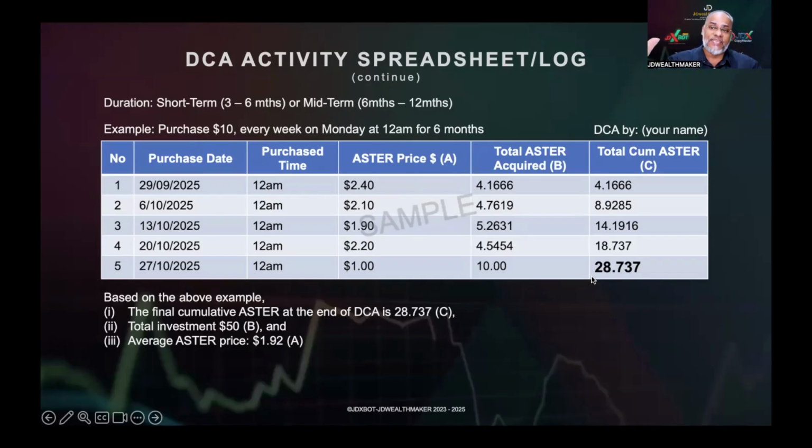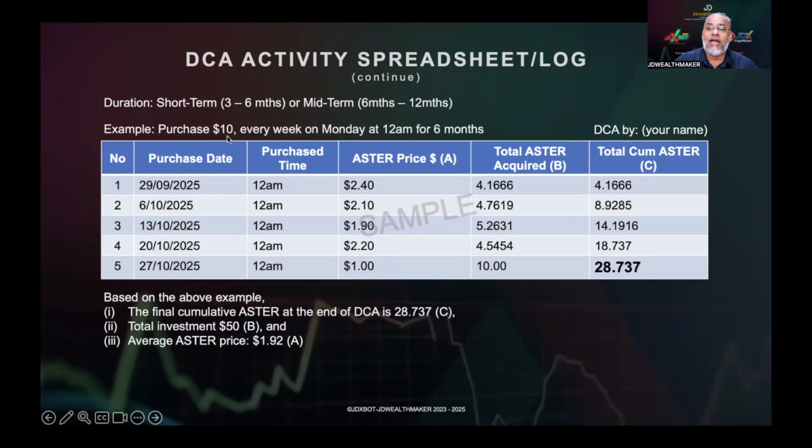At the end of 6 months, you already know the total amount of ASTER that you have acquired. Now, the total investment: you can see the total I have invested will be about $50, because it is 1, 2, 3, 4, 5.